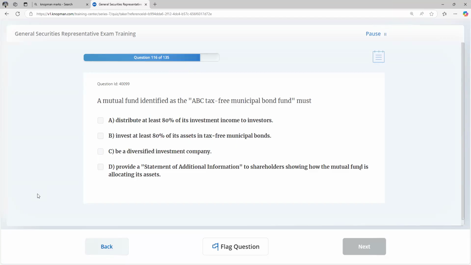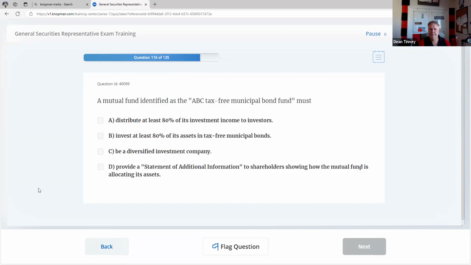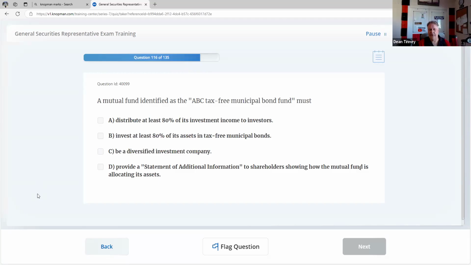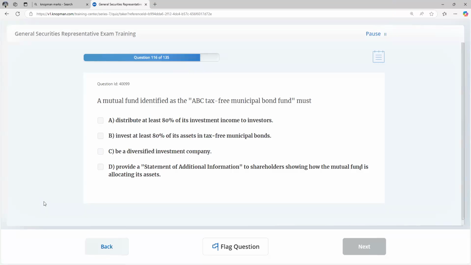If they're a tax-free municipal bond fund, I'm torn between B and D. Yeah, I'm with you. I don't think it's A or C at all. You should definitely know it's not A because that's 90%, not 80.